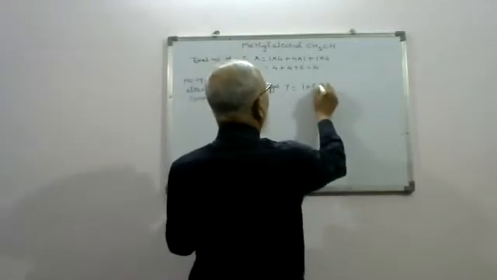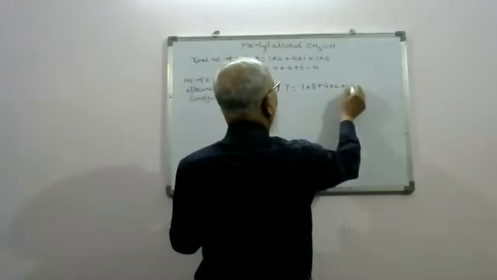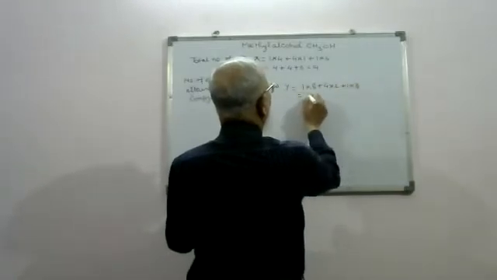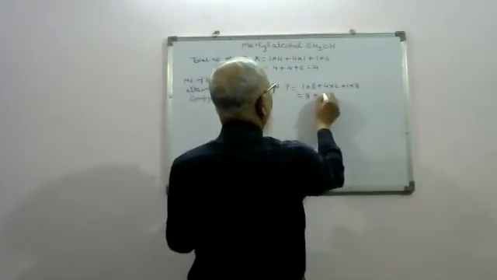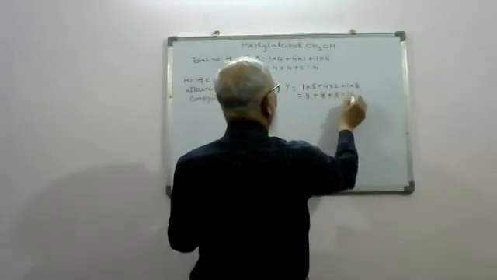Therefore, this will be 4 into 2 plus 1 into 8. This will be equal to 8 plus 8 plus 8. This is equal to 24.